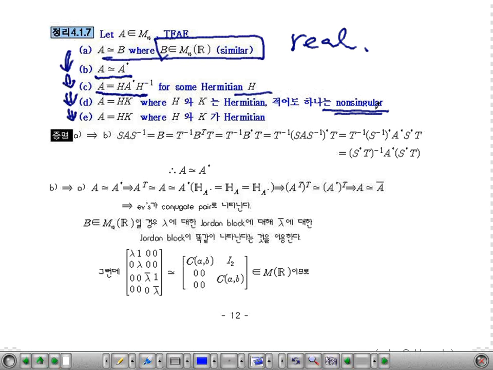Then we can show from the last part of this theorem to the first.